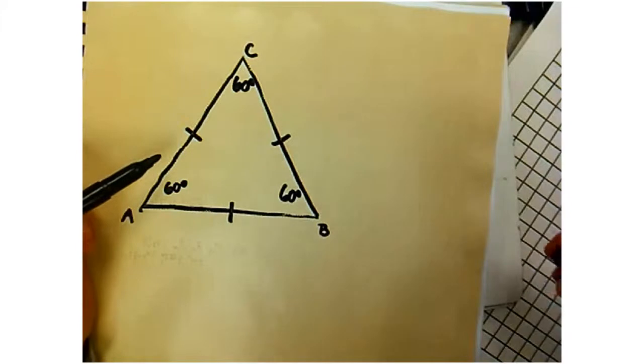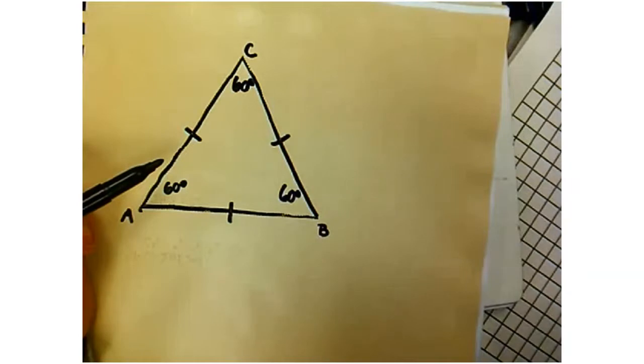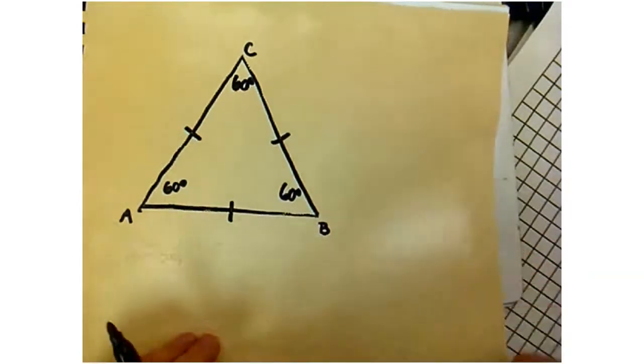And 60 and 60 and 60 add up to what? 180. Check that out. This is also an isosceles triangle, but more specifically, it's acute. All right, your turn. Next page, Braille page 189G.